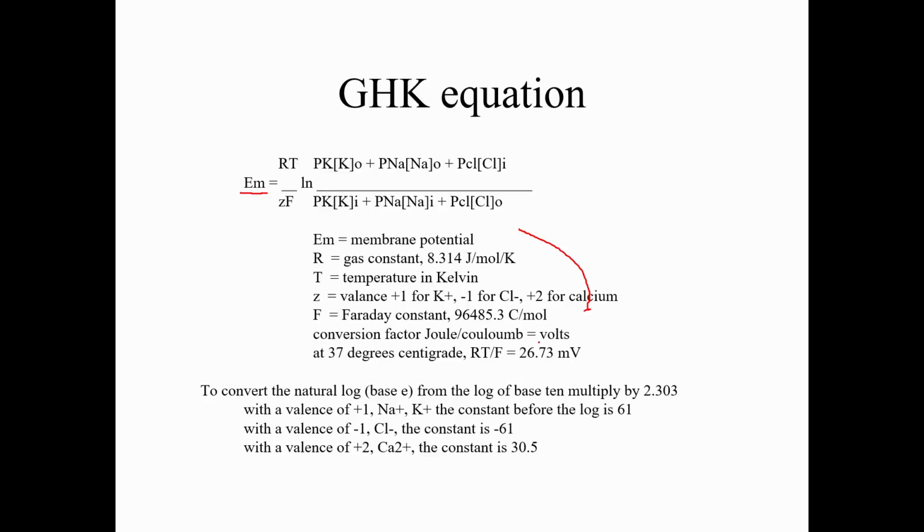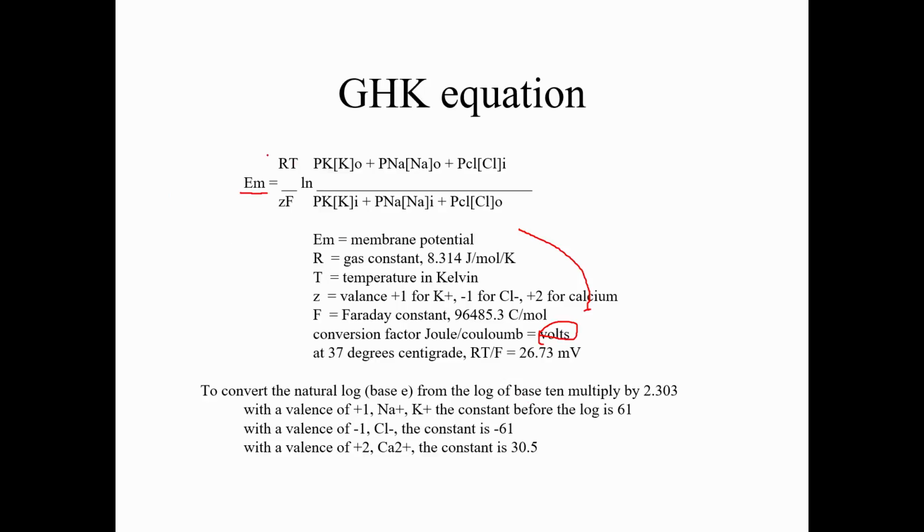And what we want is a membrane potential in volts or millivolts. And these constants simply get us from coulombs and joules and moles and all those other things to millivolts. That's what constants are. So I don't expect you to memorize these constants. You'll see how we will use these constants moving forward.